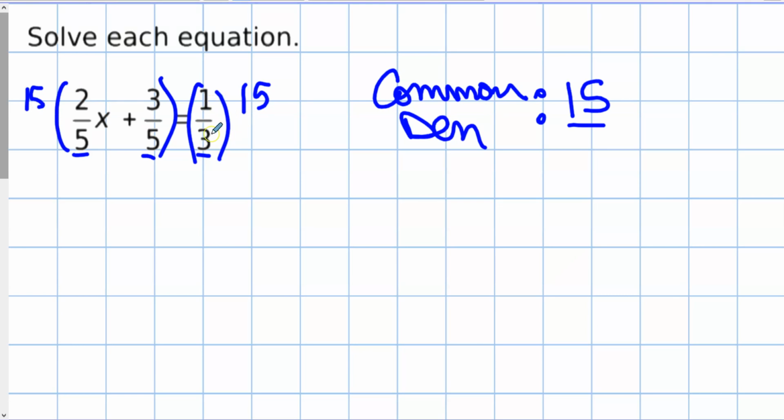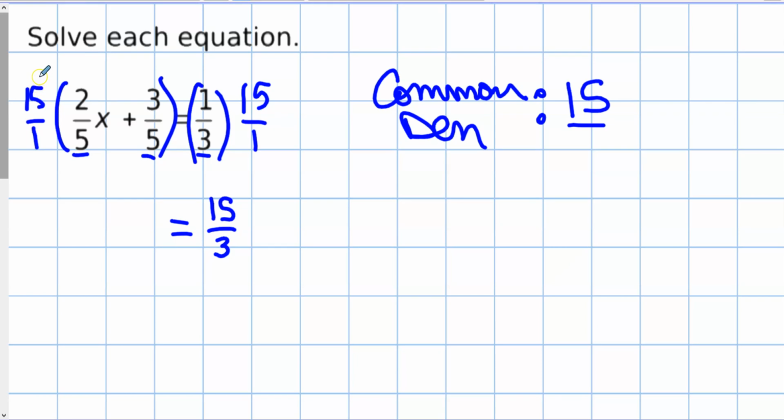So when I multiply a fraction times a whole number, I write it over 1. On the right hand side, if I multiply 15 times 1/3, I get 15 times 1 is 15, 1 times 3 is 3.